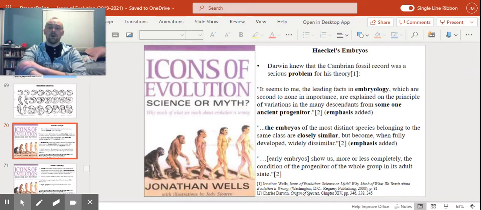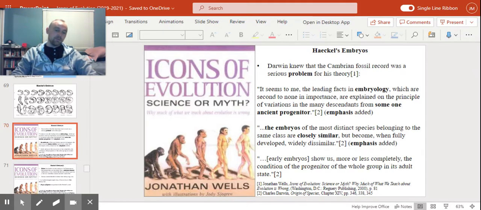we all evolved. He went on to say, the embryos of the most distinct species belonging to the same class are closely similar, but become, when fully developed, widely dissimilar. So he thought, okay, if they look similar in their embryonic stage of development, but end up looking vastly different and dissimilar when they're more fully developed, then this is an indication that sameness in the earlier stages indicates common ancestry.